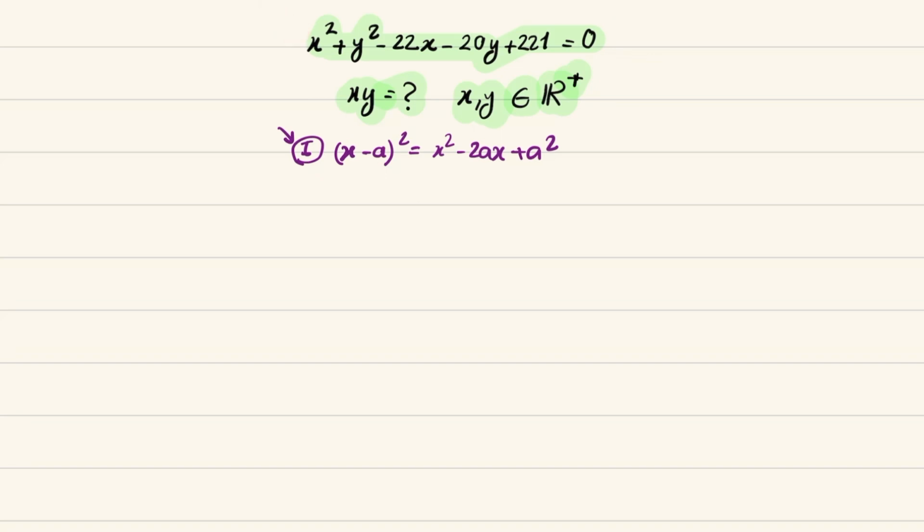So if I go back to the main expression, I see that I have x squared minus 22x. If I compare this with the hint, it tells me that 2a is equal to 22. So from this, I can conclude that a is equal to 11 and a squared is 121.